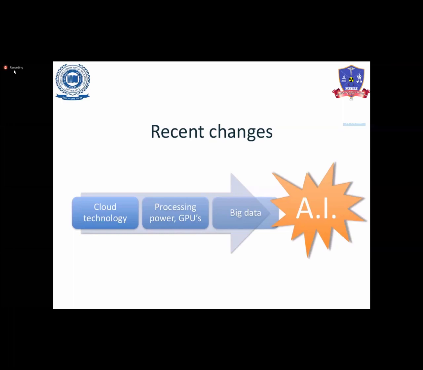And yes, great processing power, or graphic processing, also helps AI to work smoothly. And definitely big data is not a sufficient word here, but the data requirement is always there in AI. More and more data is required.